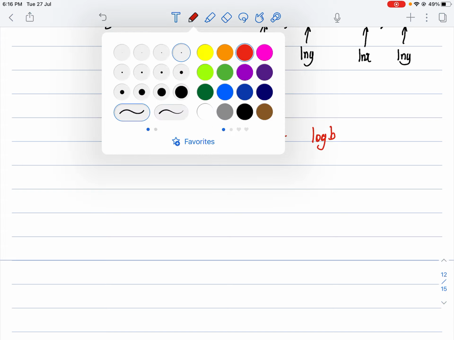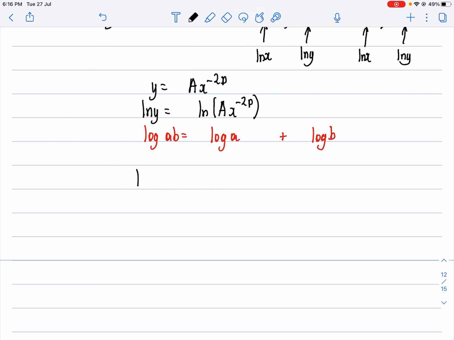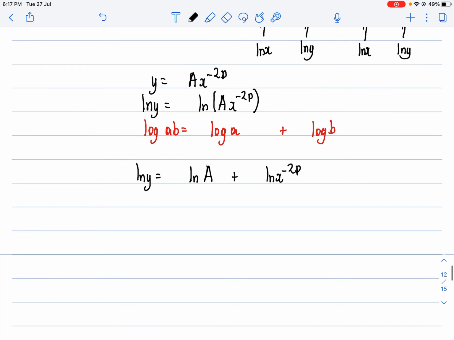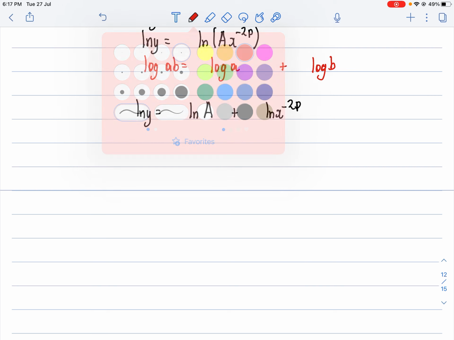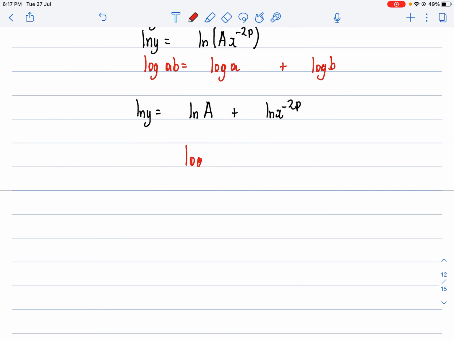So I can simply write this as ln y, which is equal to ln A plus ln x raised to minus 2p. Correct? So now basically the log property which I use here is that log of a raised to b is equal to b log a.